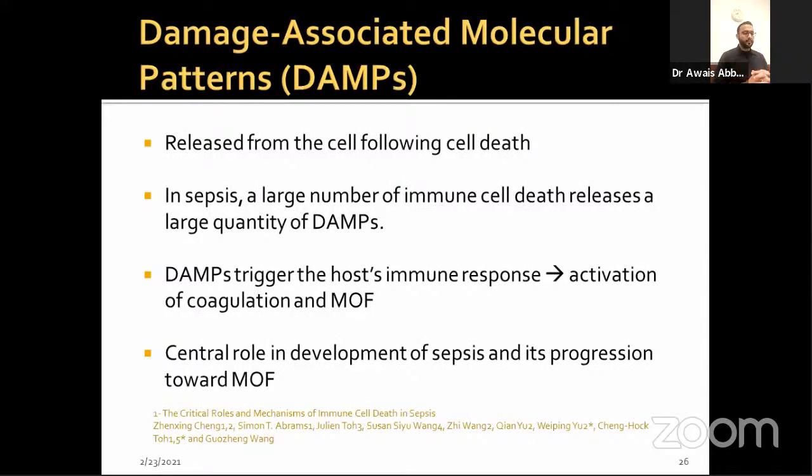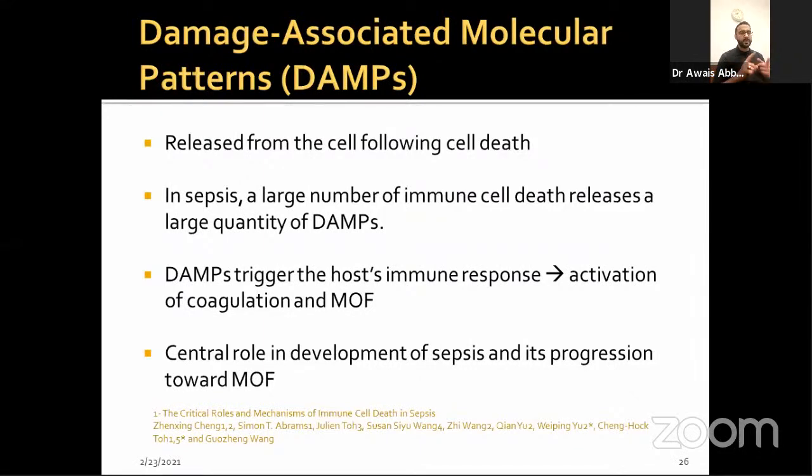I'll go through the concept of DAMPs as well. So what are DAMPs? DAMPs are the mediators that are released from the cell following cell death. These are mediators that are not released from pathogens. These are mediators released from the body's own cells, our cells that are lysed and damaged.